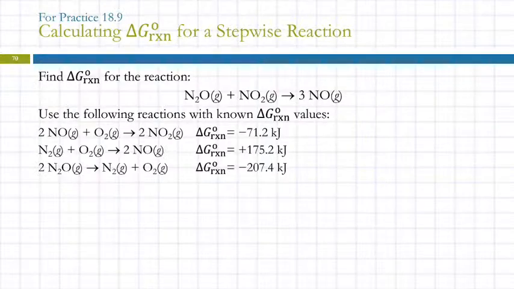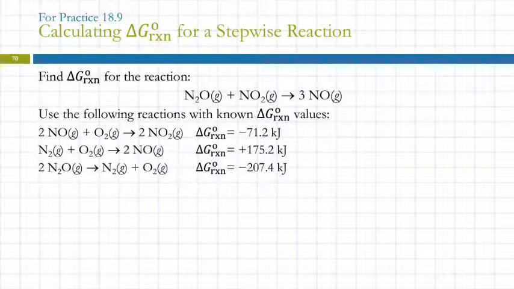So find delta G for this reaction. What we want to do here is figure out how we can combine these equations so that they add up to this one. This just ends up being sort of a logic puzzle.